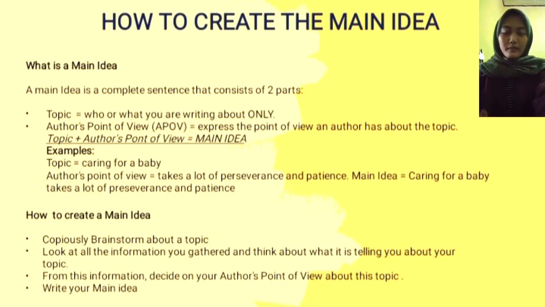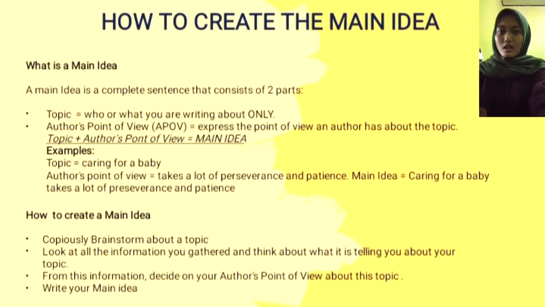What is a main idea? A main idea is a complete sentence that consists of two parts. The first is the topic, who or what you are writing about only. Number two is the author's point of view, which expresses the point of view an author has about the topic.